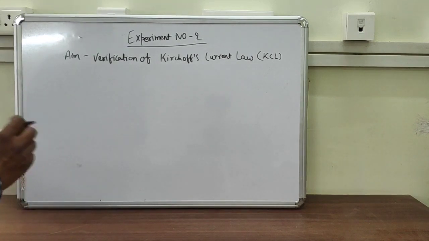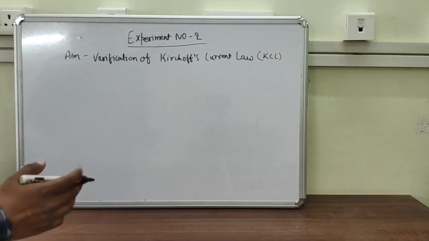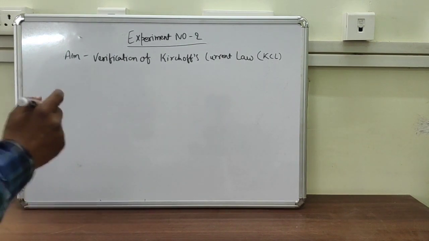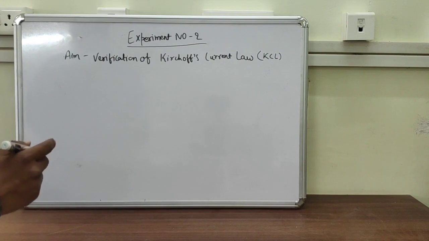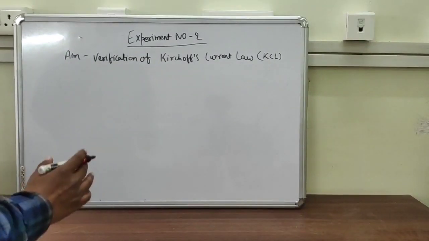Now what does it state? It states that for an electrical circuit, the algebraic sum of all the current entering and exiting a node or a junction is 0.